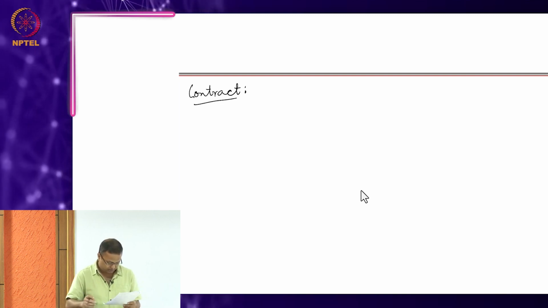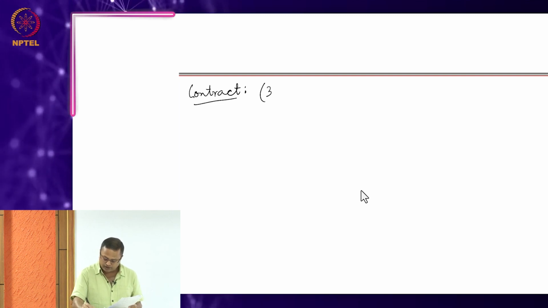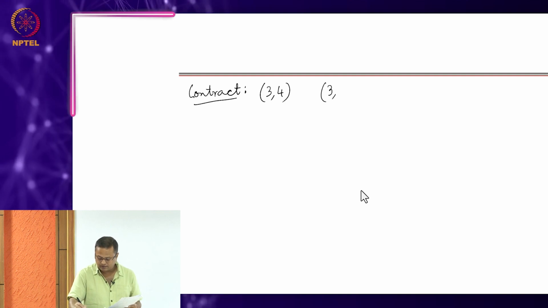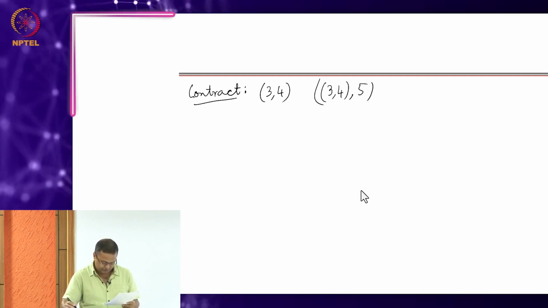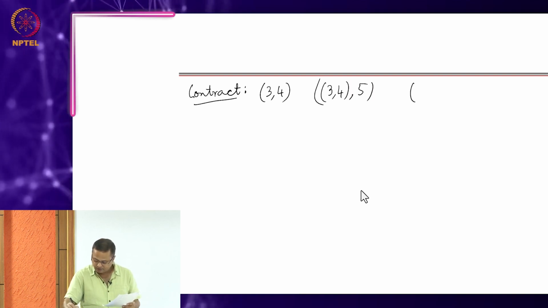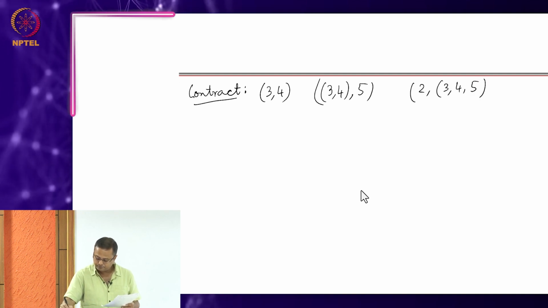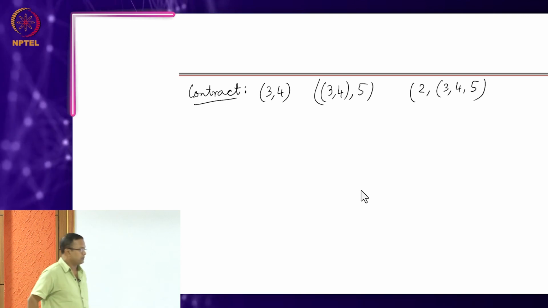So in here, first you contract 3 4, then you contract 3 4 5, next you contract 2 3 4 5. Do this yourself quickly.